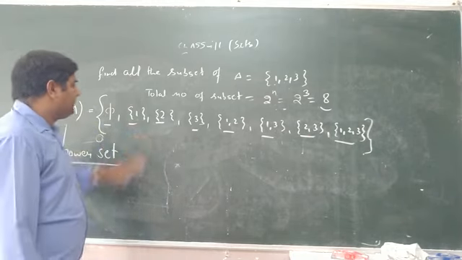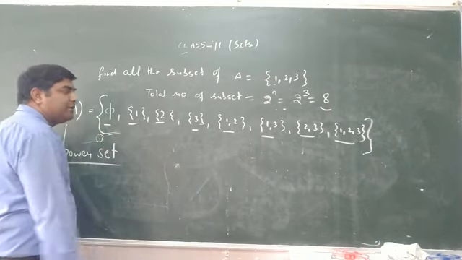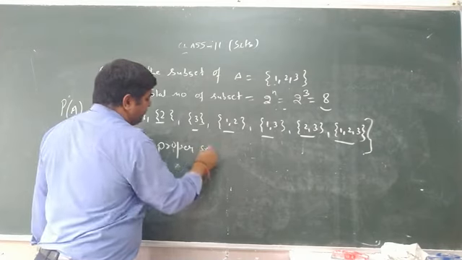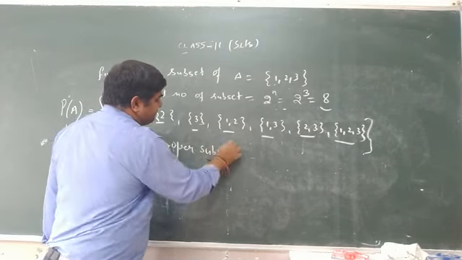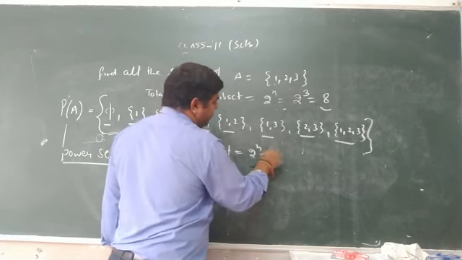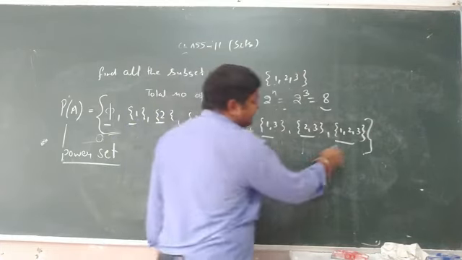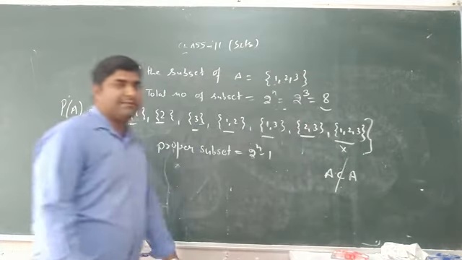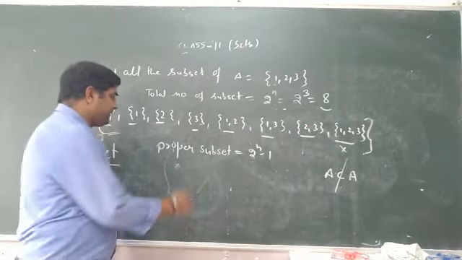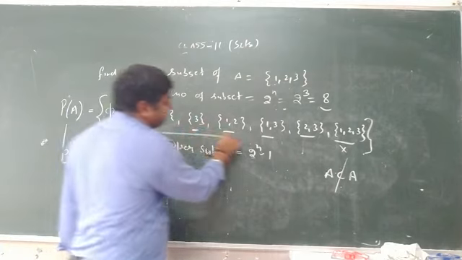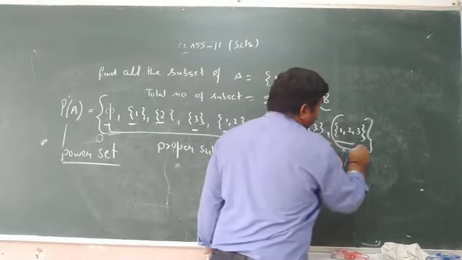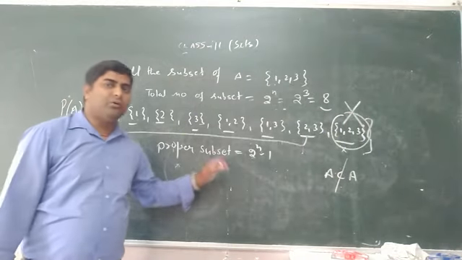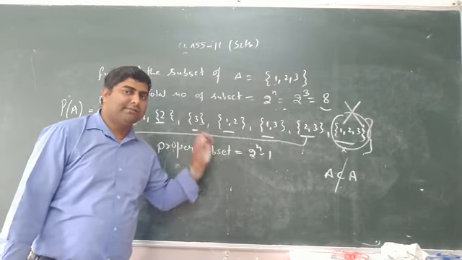Now, they are asking what is the total number of proper subsets. Keep in mind, proper subsets are always one less than the number, because a set is not a proper subset of itself. So we write all these subsets. This one will not be counted when we have to find the total number of proper subsets.